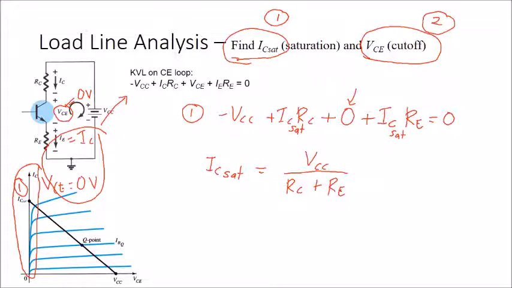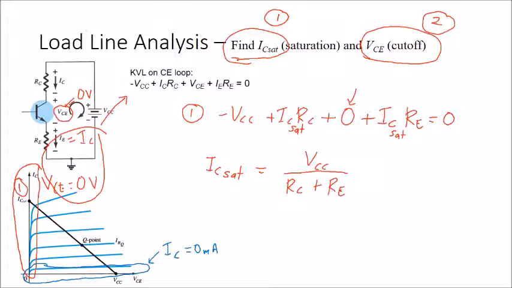And then for the second point, which is for the cutoff region. The cutoff region is here at the bottom. This is the VCE. So for the cutoff region, the information you can know from here is the value of IC is equal to 0 milliampere.